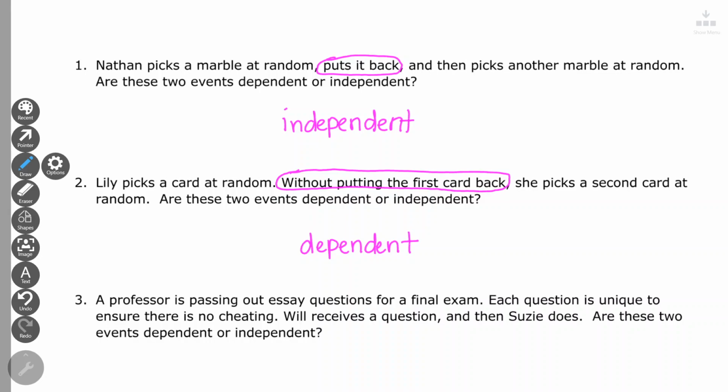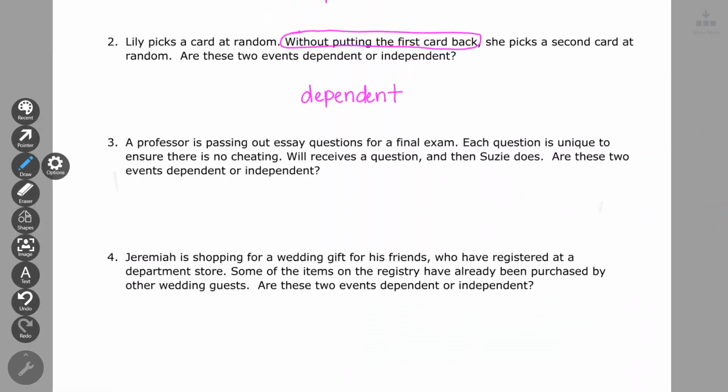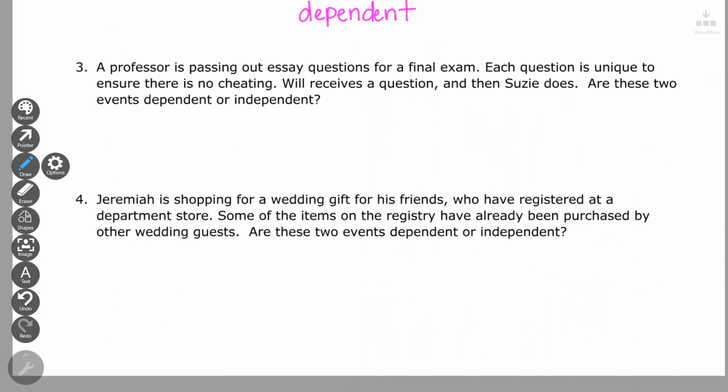All right, number three, a professor is passing out essay questions for a final exam. Each question is unique to ensure there's no cheating. Will receives a question and then Susie does. Are these two events dependent or independent?